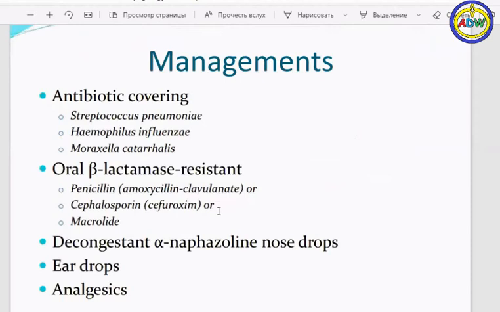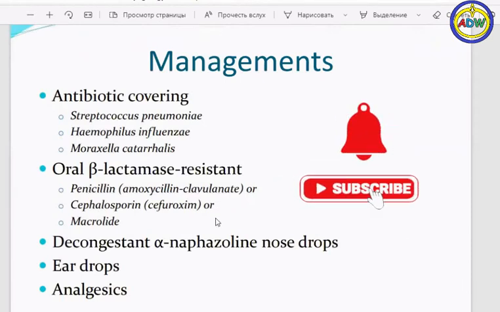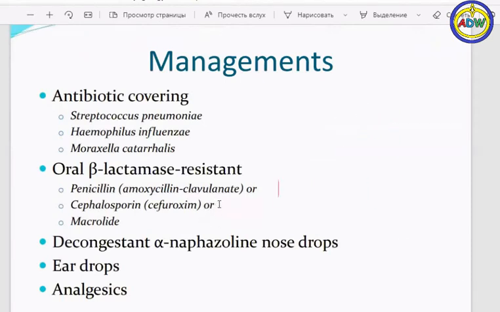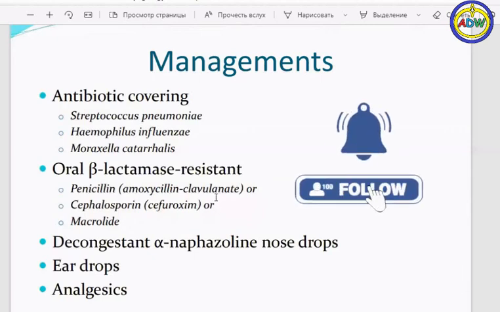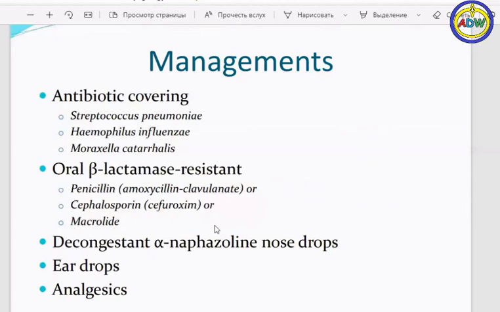Of course, it is acute inflammation, and we use antibiotics that cover Streptococcus pneumoniae, H. influenzae, and Moraxella catarrhalis. Mostly we use amoxicillin with clavulanic acid, penicillin, but mostly amoxiclav or Augmentin, because they are oral and beta-lactamase resistant.